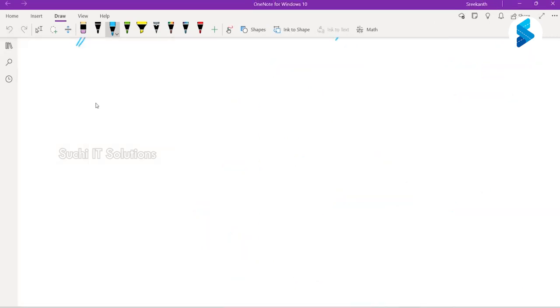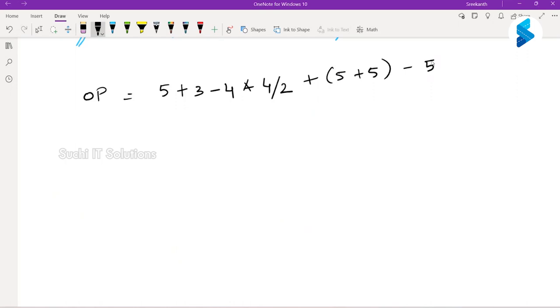So here you have to tell me what would be the output for this expression that I'm going to write here. Output is equal to 5 plus 3 minus 4 into 4 by 2 plus 5 plus 5 minus 5 star star 2.